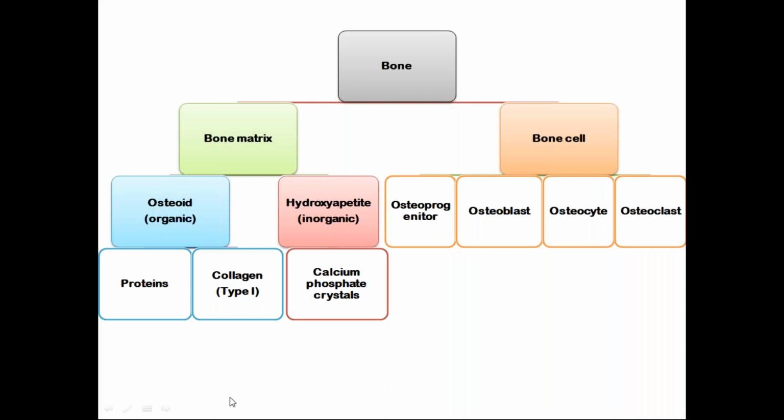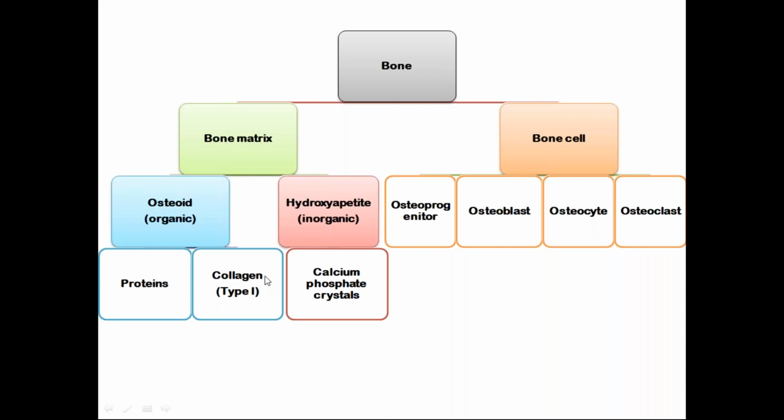But यहाँ पे bone में जो type present होता है, that is called type 1. आपको इसके डीप में अभी नहीं जाना है, उसका जो टाइप्स रहता है, that is depending on how it is structured, या फिर उसके कुछ constituent के बेसिस पे हमने इसको ऐसे टाइप्स दिया हुआ है, टाइप 1, टाइप 2, टाइप 3. But you have to remember that in your bone matrix, the osteoid is made up of two things, one is your protein, one is your collagen.